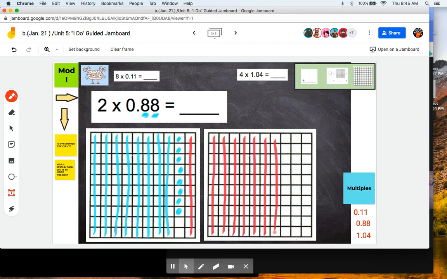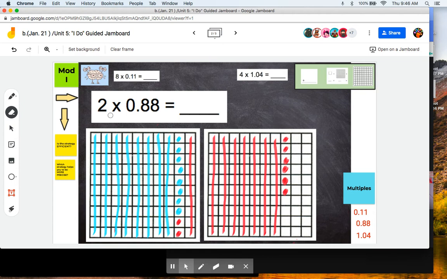And 8 tenths. Second group. Now I need 8 hundredths. 1 hundredth, 2 hundredths, 3 hundredths, 4 hundredths, 5 hundredths, 6 hundredths, 7 hundredths, 8 hundredths. Now I have 2 groups of 88 hundredths on my model.